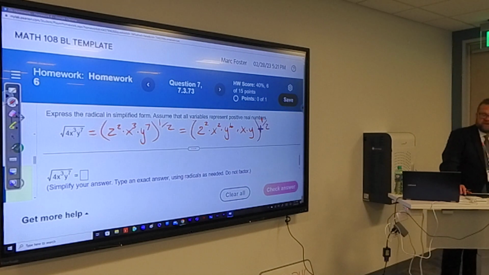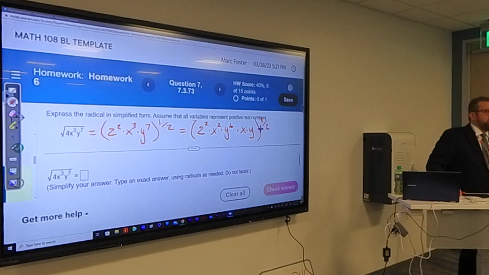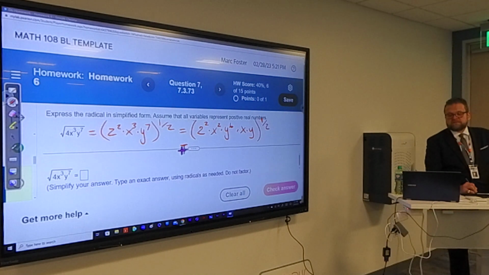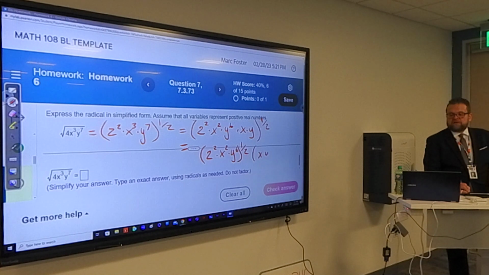You can see it still has 3 x's and 7 y's, 2 2's. But then I can say this is 2 2 squared x squared y to the 6th, to the 1/2, and then the leftover stuff is to the 1/2.